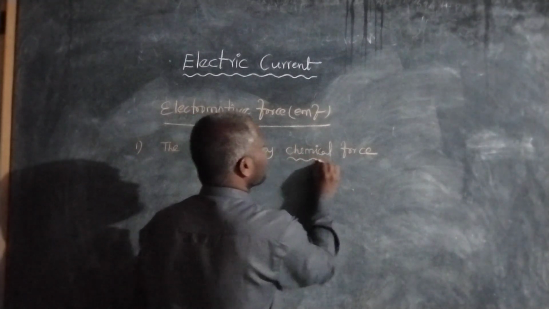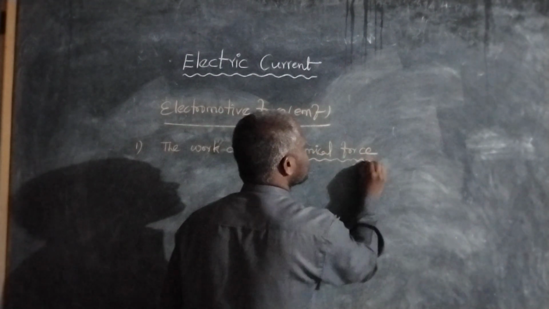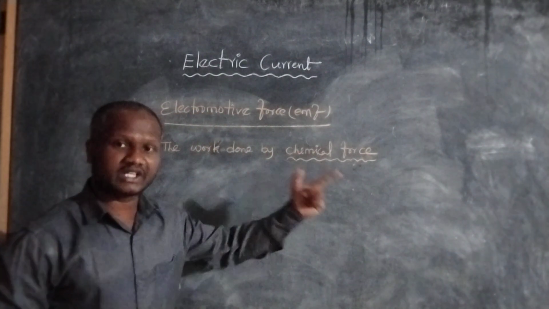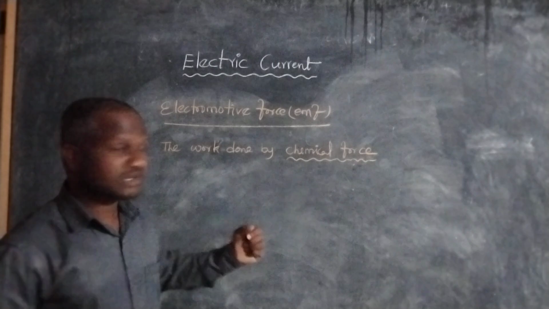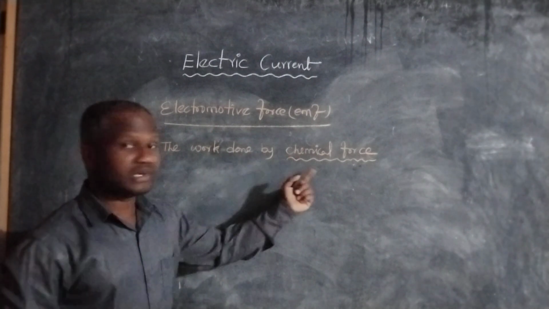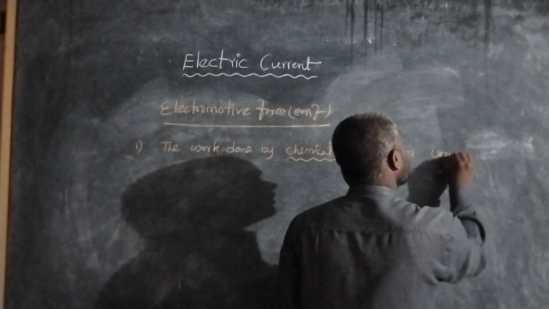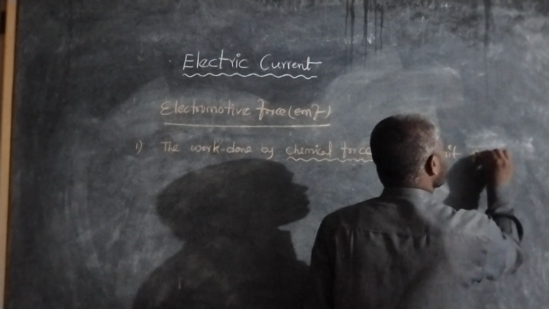You should remember this. Students are getting confused. While writing the potential difference definition, work is done by electrical force. While writing the definition for electromotive force, work is done by chemical force.